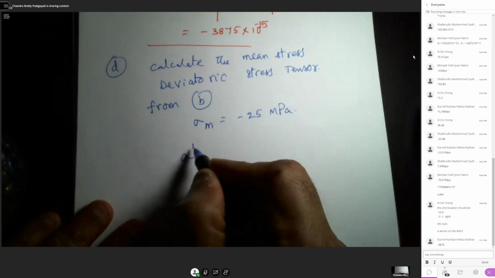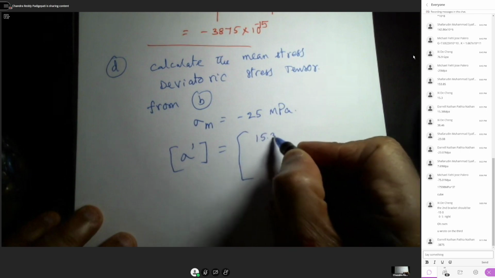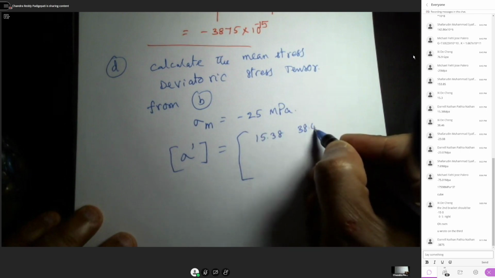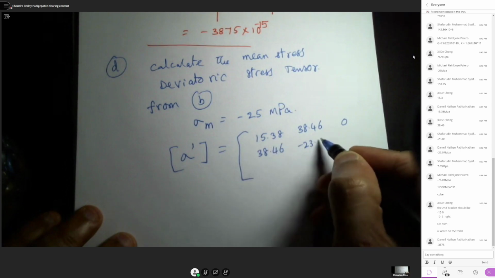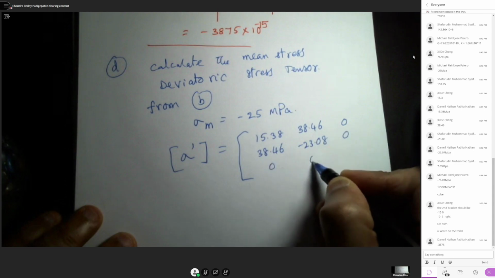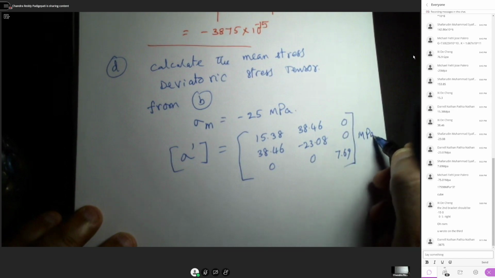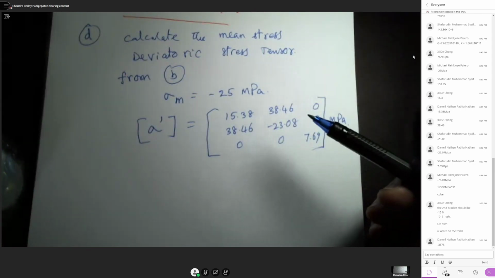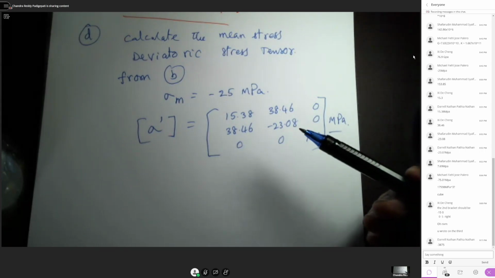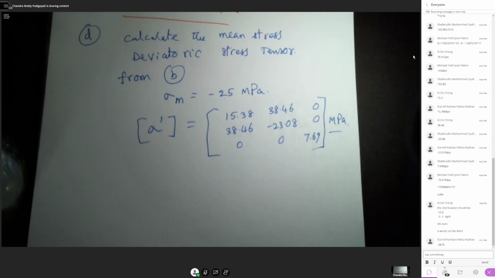Then the deviatoric stress tensor sigma dash, you can just reproduce from part B, 38.46, negative 23.08. There is no calculation; we are just rewriting what you have already calculated in part B, the mean stress and the deviatoric stress tensors.